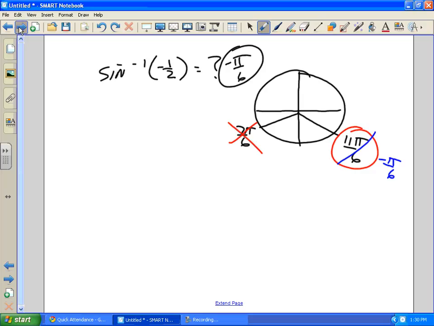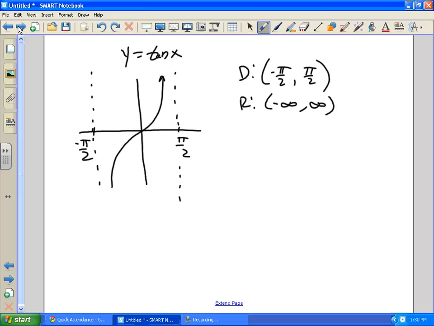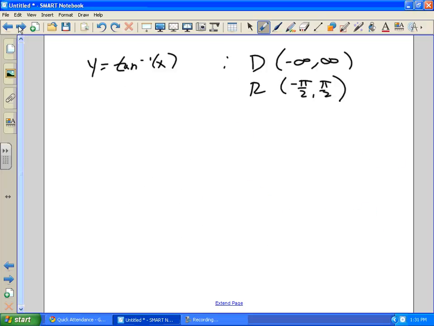Over here, the inverse tangent says negative pi over 2 is less than y is less than pi over 2. They are not part of the interval. If you remember inequalities, these less thans would have open circles, and the less than or equal to would have the closed circle. You remember the difference?